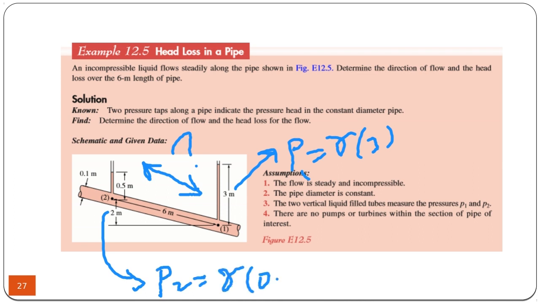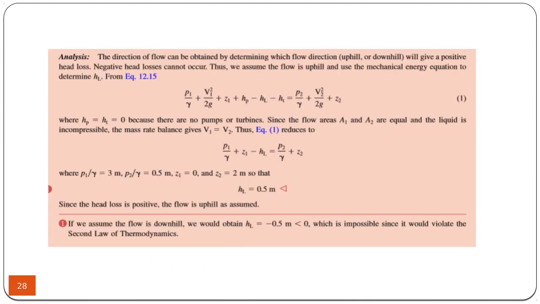We know the pressures. We know the elevation difference. So when we write the energy equation, we have P1, P2, and the elevation difference between 1 and 2. So let's write the energy equation between 1 and 2. Without the losses, pump and turbine, it becomes Bernoulli.